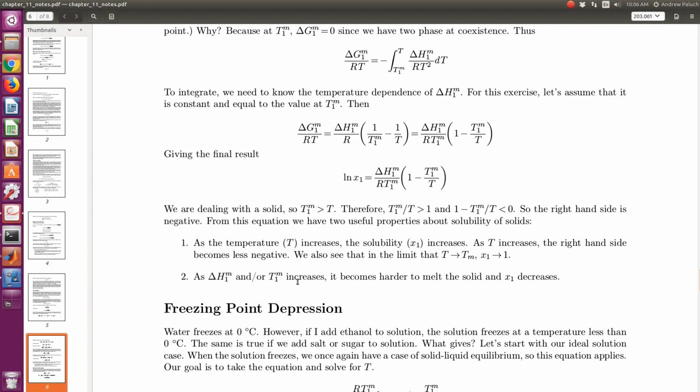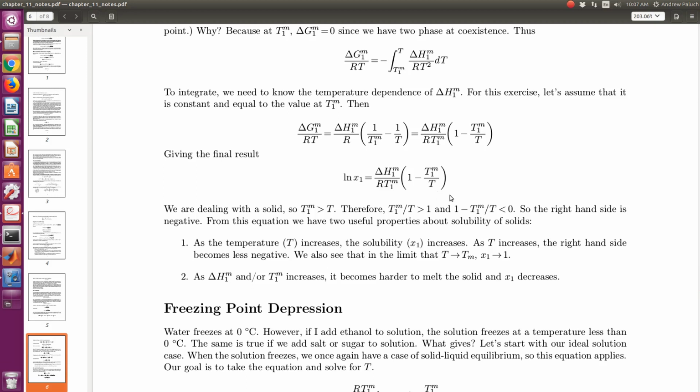Now as T1M increases, if I look at, say, this term, again, this term in parentheses is going to be negative. So this term here is becoming larger, so this term is becoming more negative. And even if I were to distribute this 1 over T1M through, I'd get the same thing, because I'd have a 1 over T1M here minus 1 over T, right?